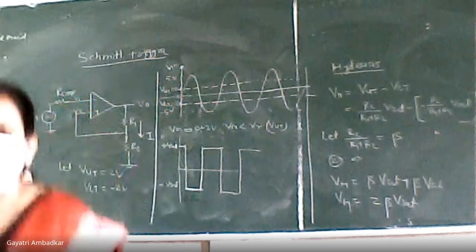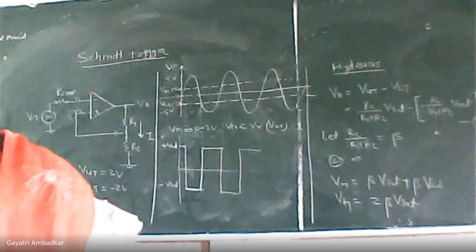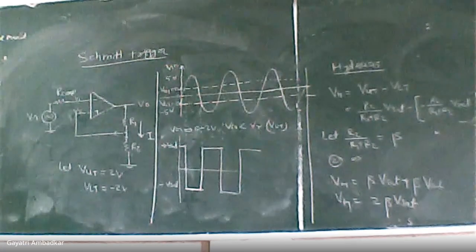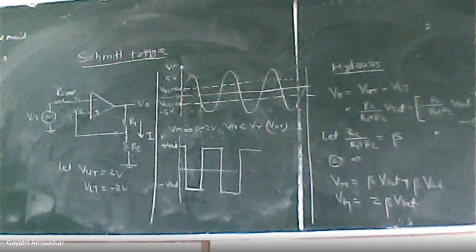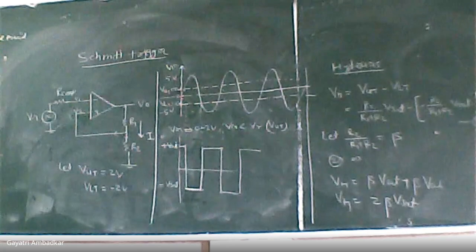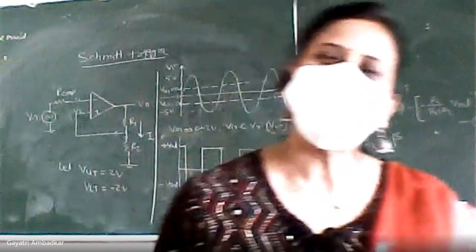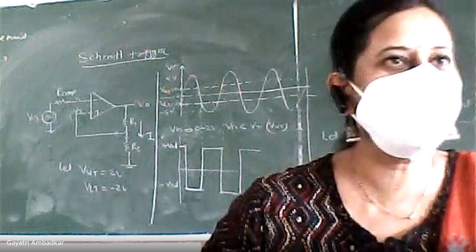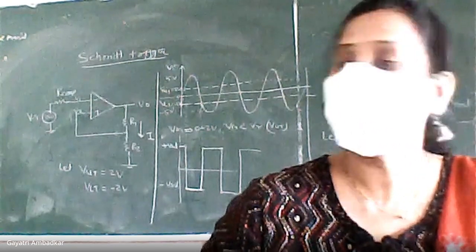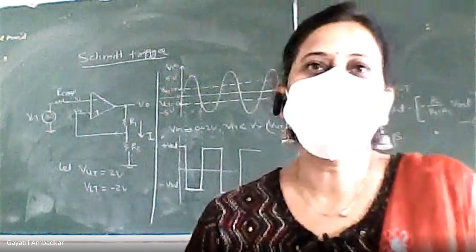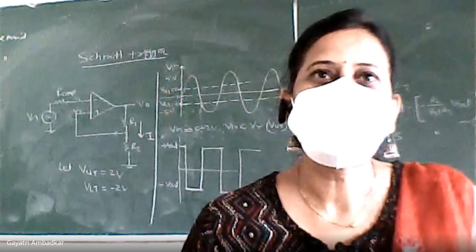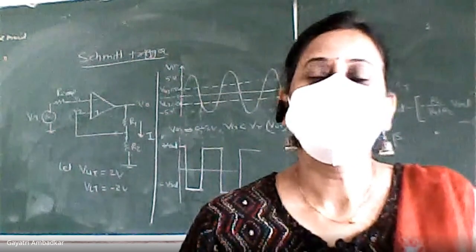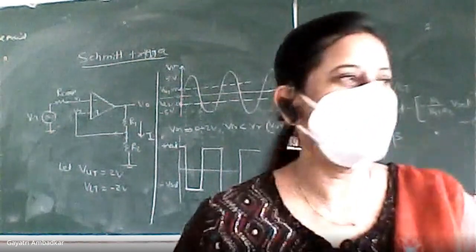Let's revise once again. How is the circuit of the Schmitt trigger? Inverting Schmitt trigger hai. So where are you giving input? Look at the circuit diagram. Which terminal, positive or negative? Negative terminal, through a resistance. What is that resistance named? RCOM. What is the value of RCOM?